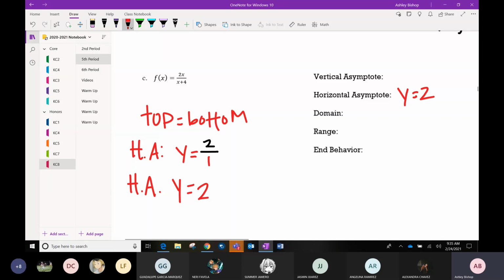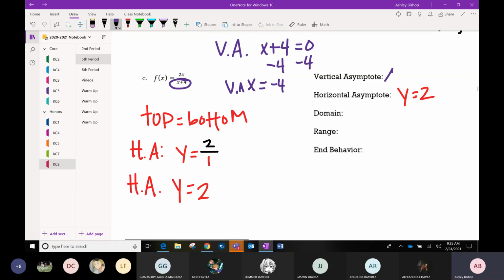So that means there's no holes. Life is good when there's no holes. So to find my vertical asymptote, I just take what's left in the denominator and set it equal to 0. Subtract 4, subtract 4. I have a vertical asymptote at x equals -4.